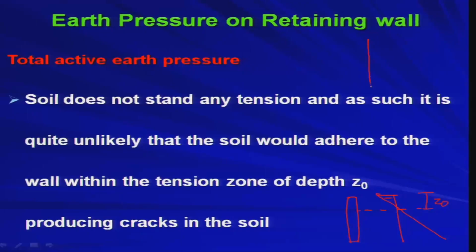Tension crack means you might have seen this thing. If the wall is constructed, you will be getting some cracks. This is known as tension crack, and this will be only up to depth Z0, because soil cannot take any tension. So, it will be having the crack or the fracture. It cannot pull the wall back.